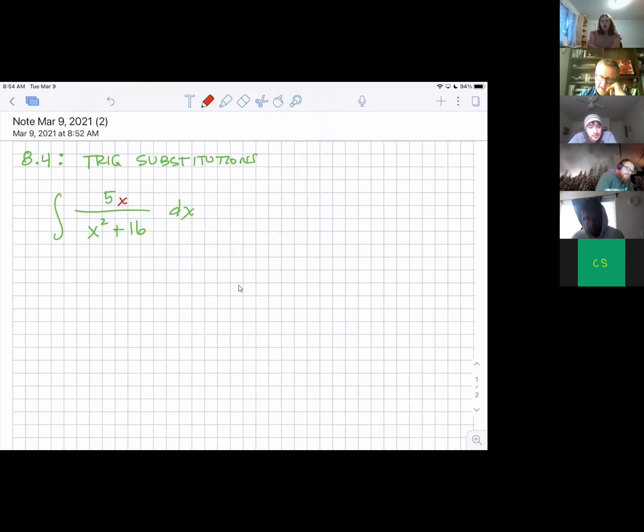And so my gut instinct is to let u be x squared plus 16. So why are we really happy that it's not just a 5 up there, but there's a 5x? Because those x's would cancel. When I take the derivative of x squared, I'm going to get an x, and that x will cancel.